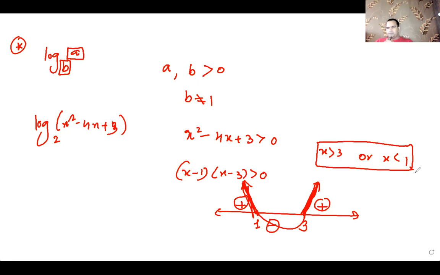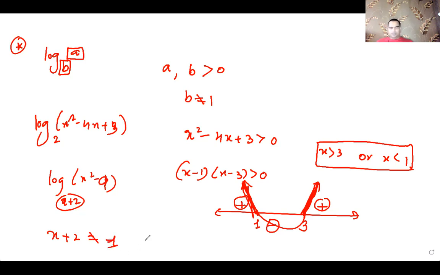Now, in some cases, your base is also a variable. For example, if I've got log of x squared minus 9 to the base x plus 2, then x plus 2 should not be 1.